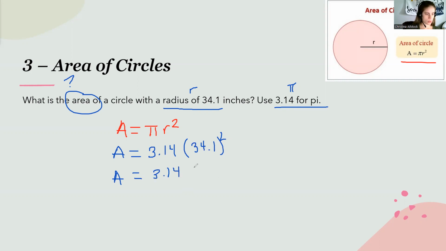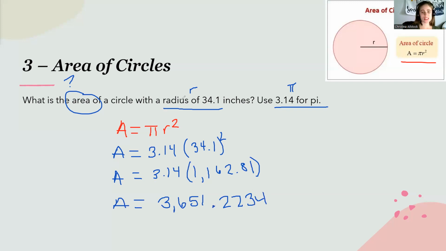When we do that, we do have a very large number here, 1,162.81. And then thankfully, if you used a calculator, you can just keep that in there and hit multiply by 3.14. And we get the very large area of 3,651.2234.